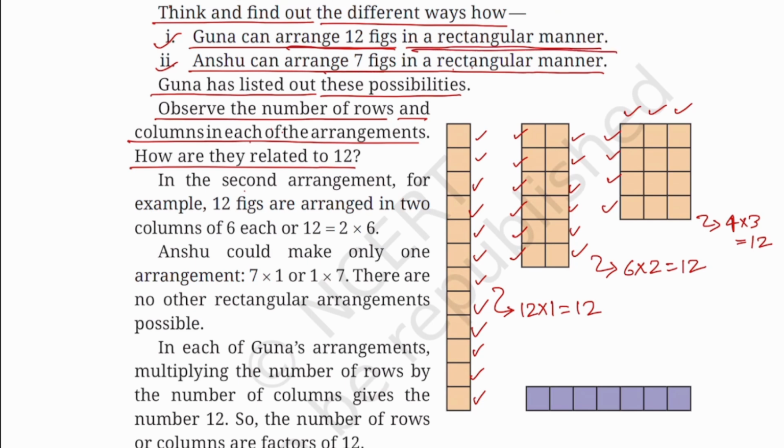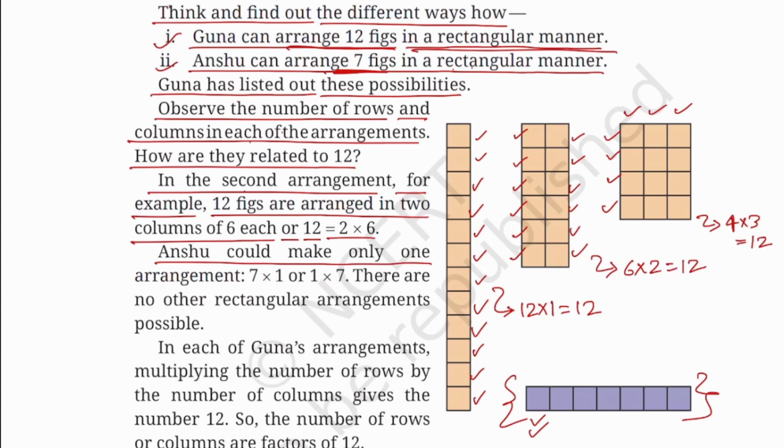Similarly, Ansu can arrange 7 figs in a rectangular manner in only one way. In the second arrangement, 12 figs are arranged in two columns of 6 each, or 12 is equal to 2 into 6. Ansu could make only one arrangement, 7 into 1 or 1 into 7. There are no other rectangular arrangements possible.